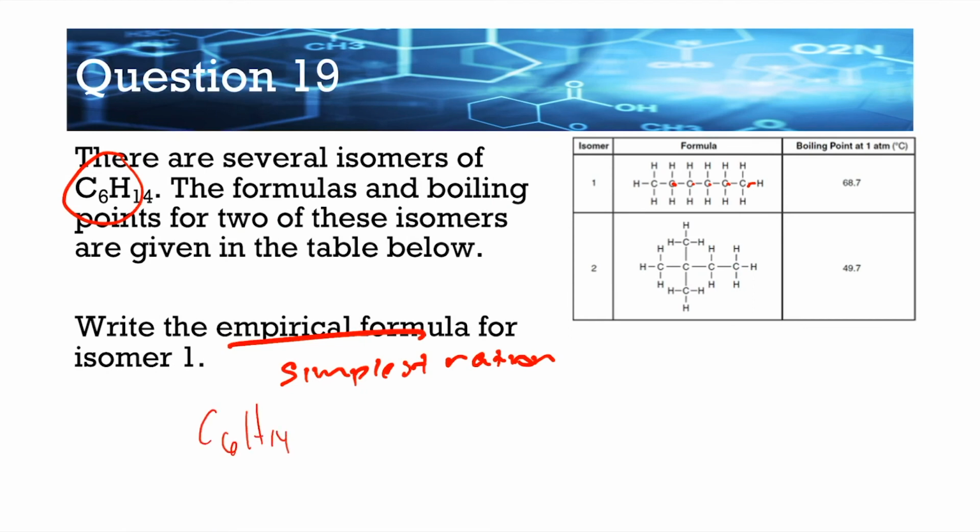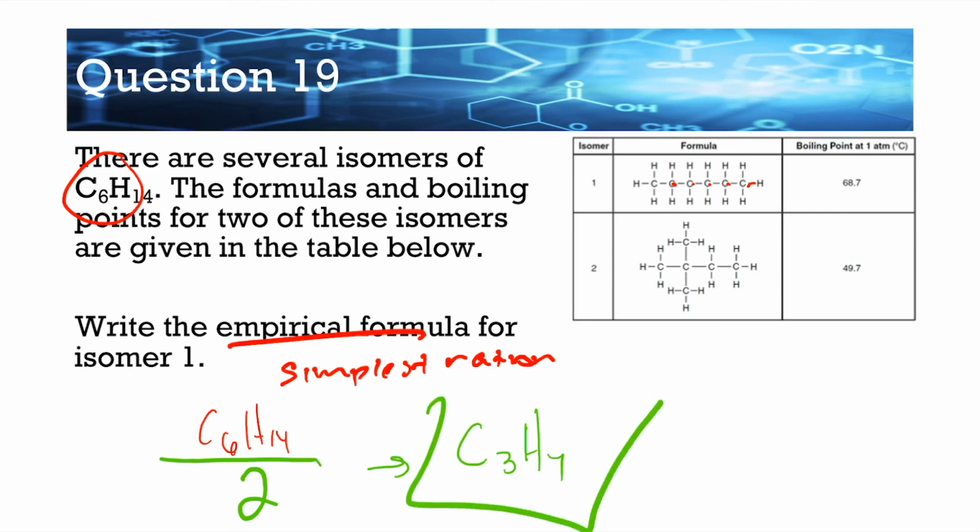How can we simplify this? Divide everything by 2. So what number goes into both of these things? 2 goes into it. And so you get C3H7. And you can't break down 7 anymore because you have to use whole numbers for your subscripts. And so that would be your empirical formula.